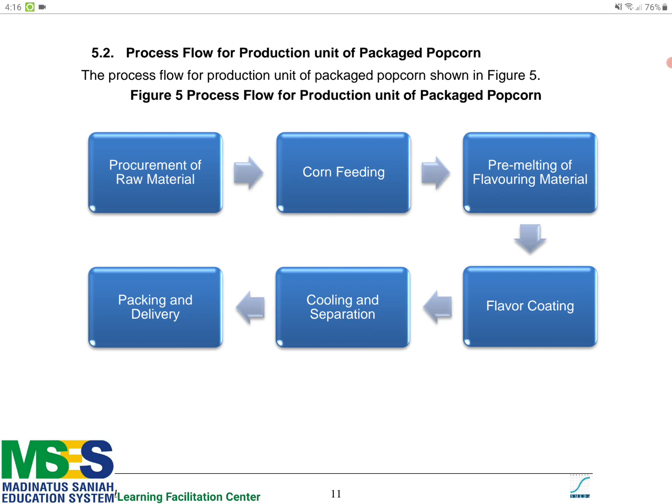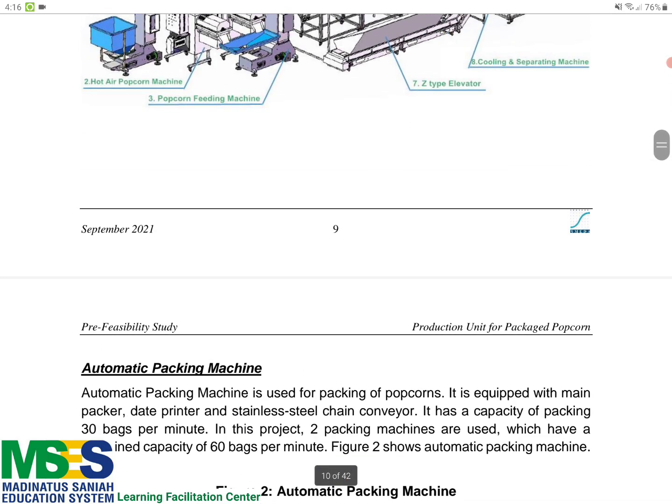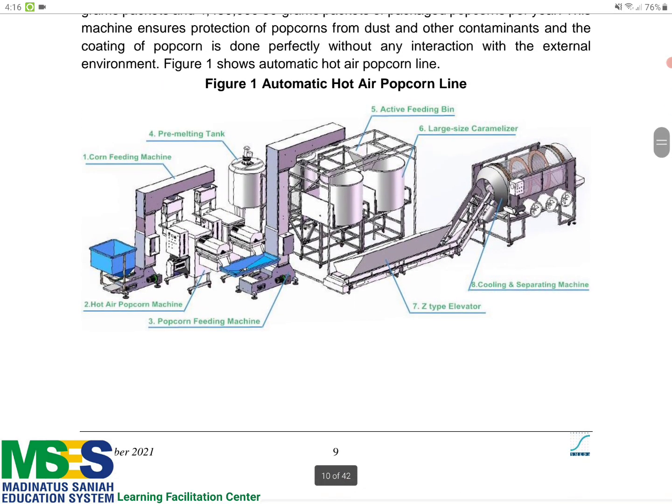If we could go back to the diagram here. So we are feeding popcorn here in the beginning section, and in the middle section we are adding flavors here. So the popcorn would flow, and flavor would be added.